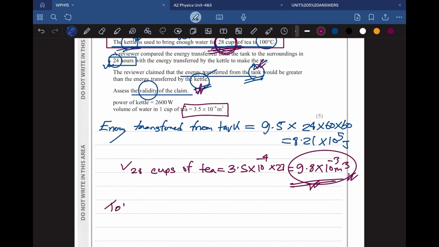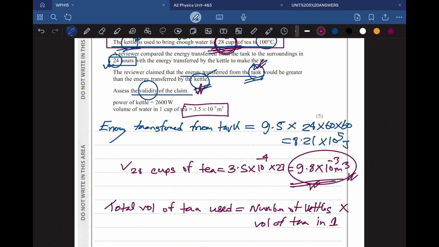Basically, total volume of tea used equals the number of kettles multiplied by the volume of tea in one kettle, right?